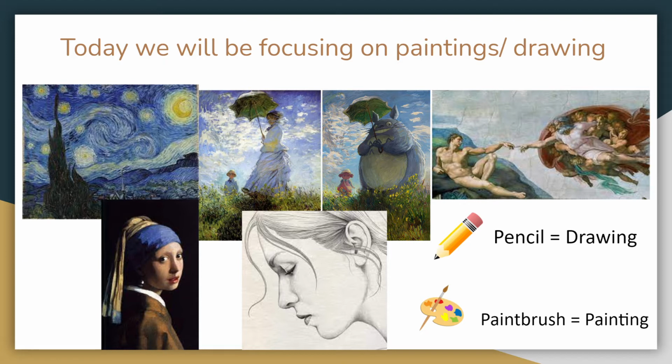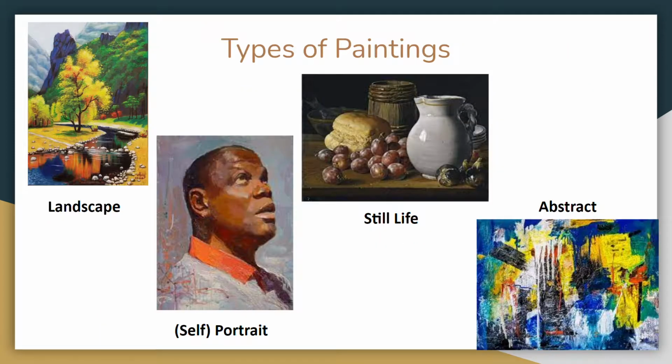And that is what we are going to try to learn today, how to talk about our art skills and the different parts of art in English. So let's get into it.